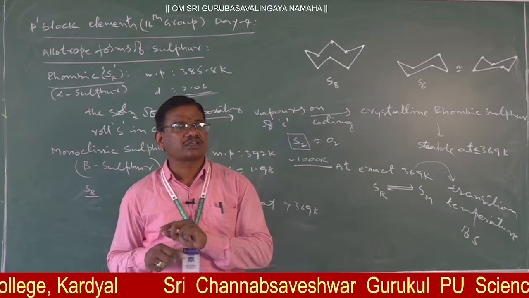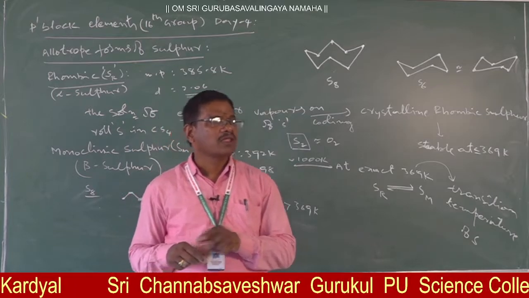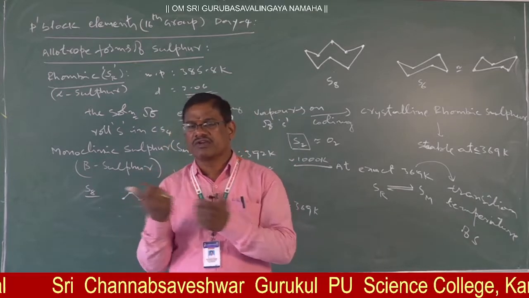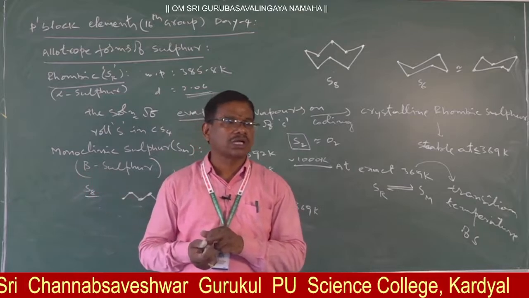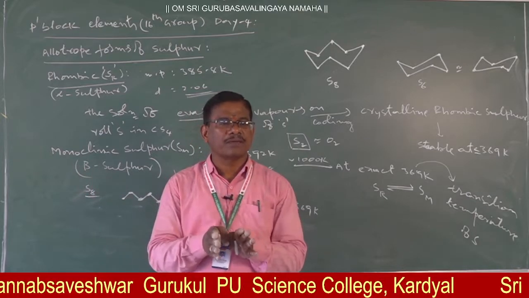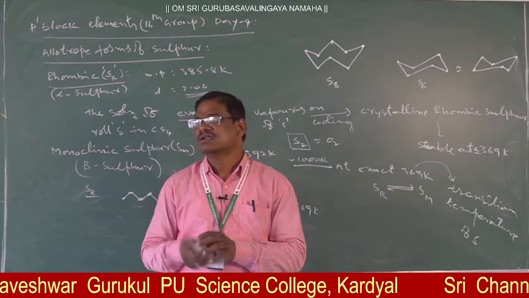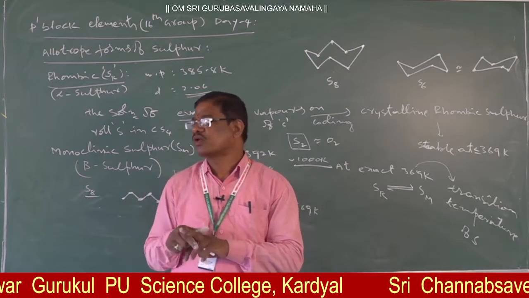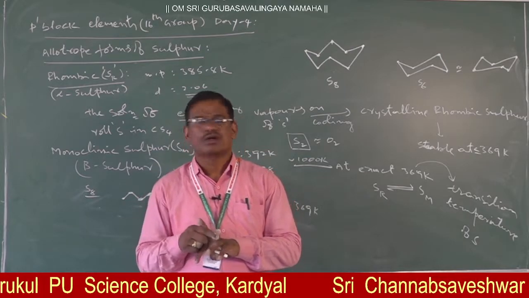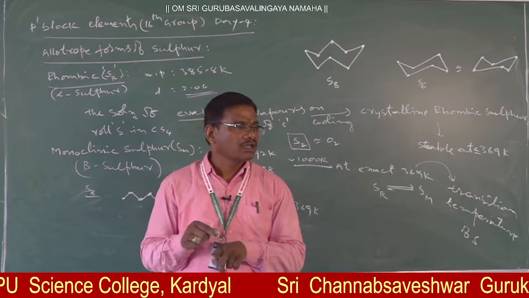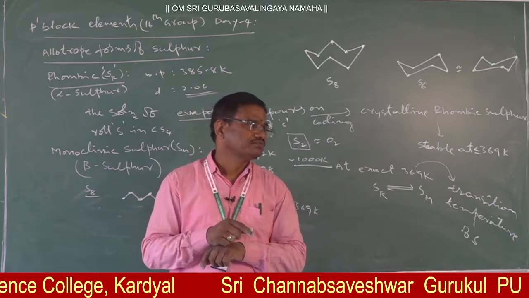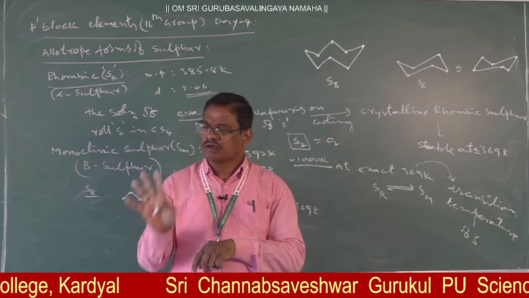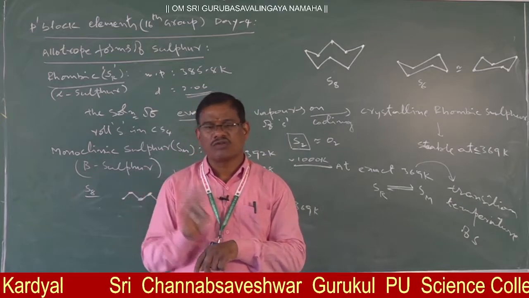On the surface, some crust of sulfur is going to form. Then through the two holes, the liquid is poured out, and we allow it to stay some time and remove the crust. The leftover sulfur is the monoclinic sulfur, which comes from rhombic sulfur. Clear? That is needle-shaped, readily soluble in carbon disulfide and insoluble in water.